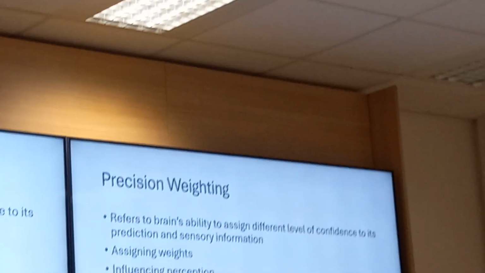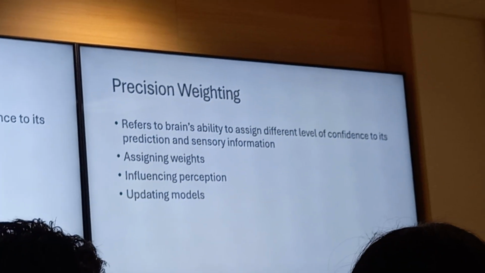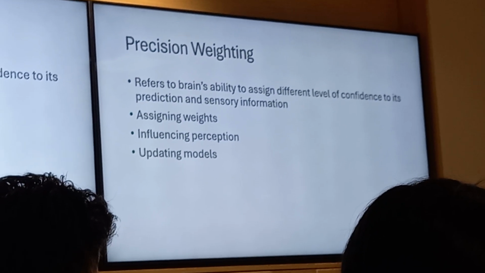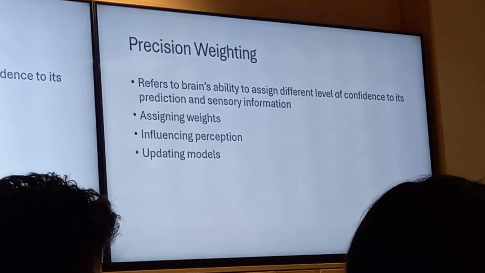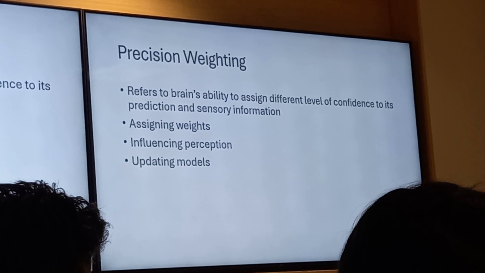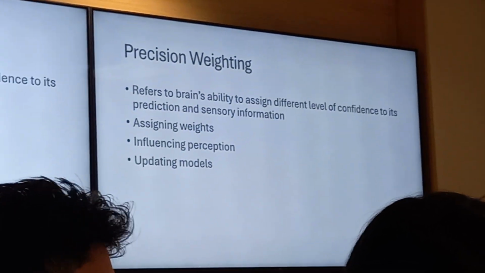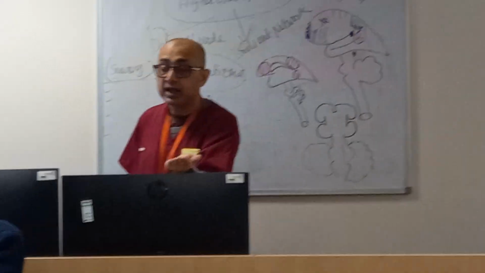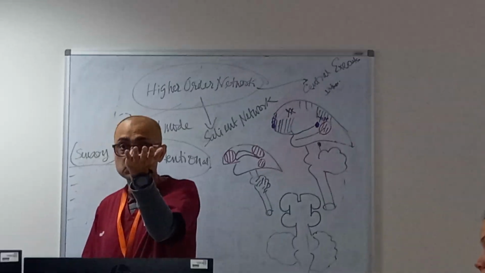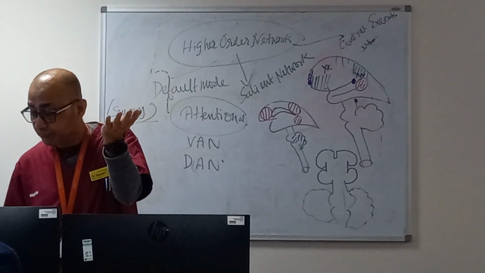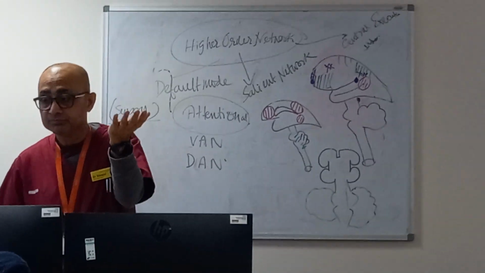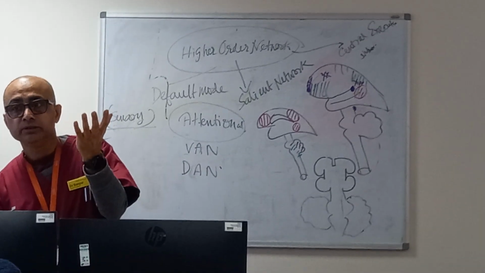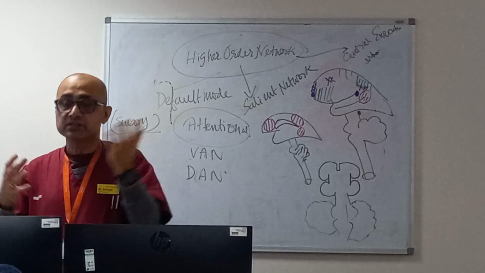Now it is not so straightforward. There is a concept called precision weighting. There are two aspects: one is my internal model, another is the sensory information I am receiving. The brain doesn't give equal importance to both. Sometimes it gives more importance to my internal model, so even if the sensory information says it is hot, if my internal model says it is not hot, the brain won't get that much of a surprise.